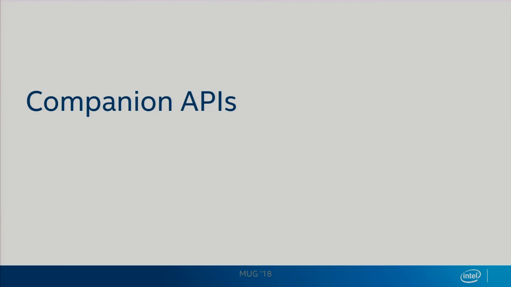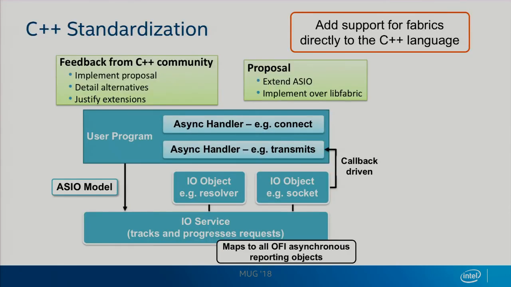The last couple of slides are companion APIs that go along with libfabric. There are some folks at the OFI WIG who are working on C++ standardization. They're trying to define a C++ API that would be under the communication standard, and they are trying to model it directly on top of OFI.